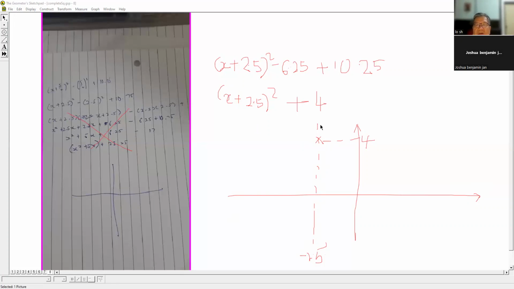Then because it's a minimum U shape, the U shape will be like this.